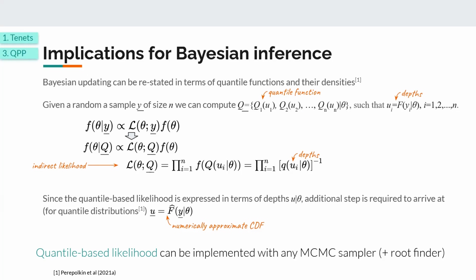If the quantile function is not invertible, like in case of Metalog, then you can use root finding to numerically approximate the CDF and get to the intermediate depths u. This quantile-based likelihood can be implemented with any existing MCMC sampler, and of course you need a root finder to get to those u values if they're not available. I'm not going into details, but there are links and you can learn more.